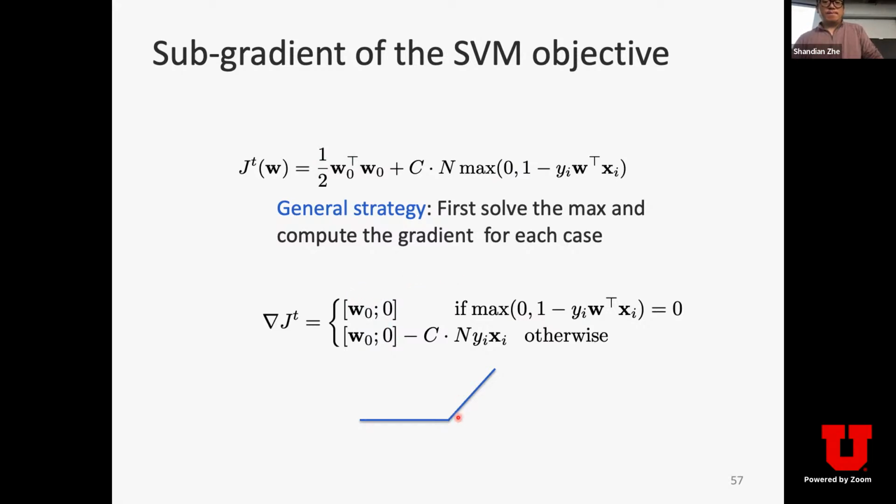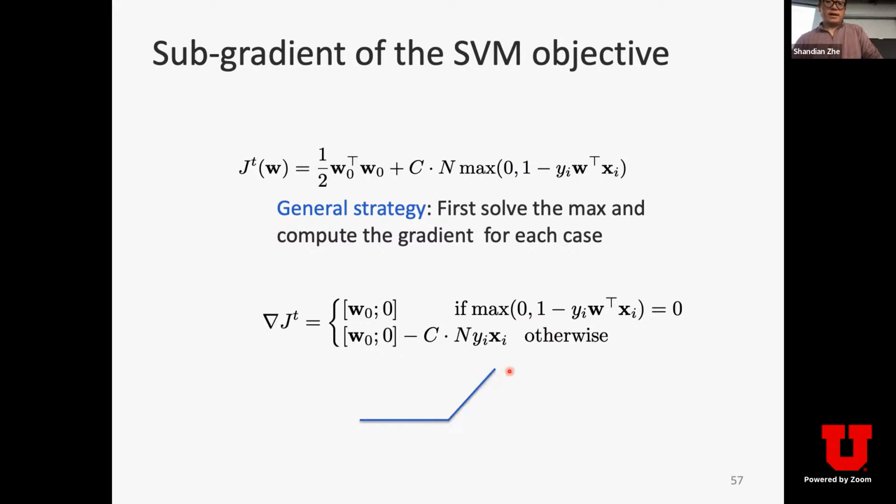In the second case, your max function value is not 0, it is here. Then let me take the gradient of this line, or the slope of this line, and use that as my subgradient.